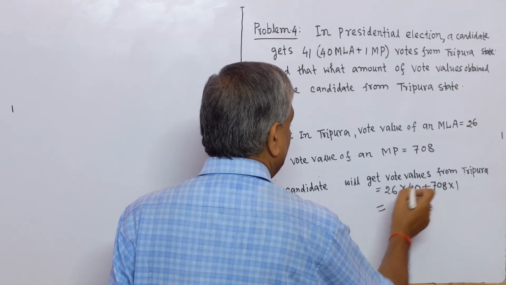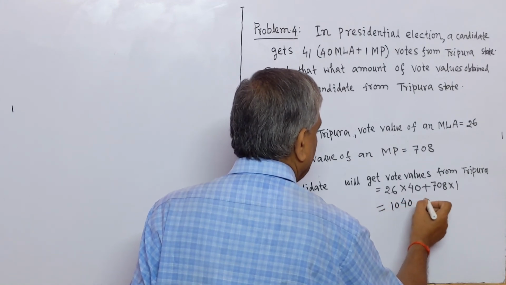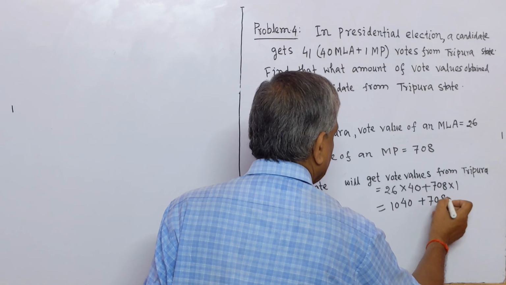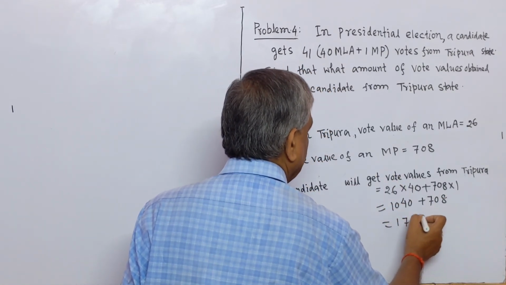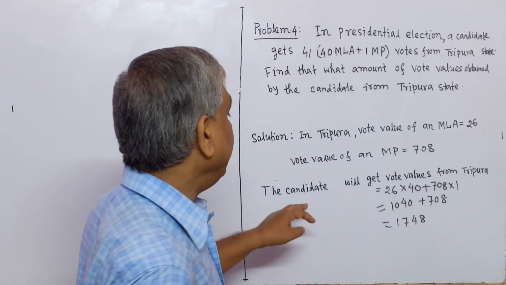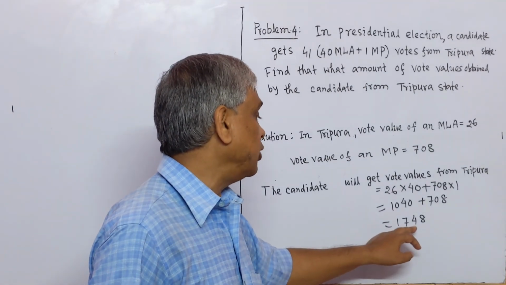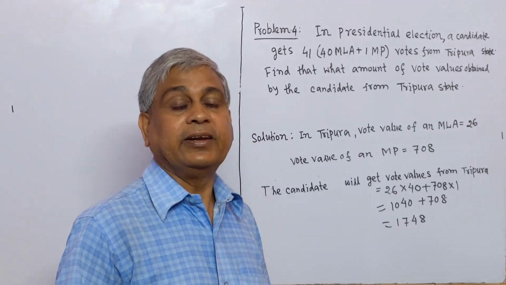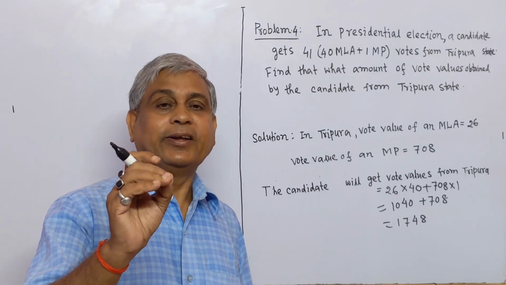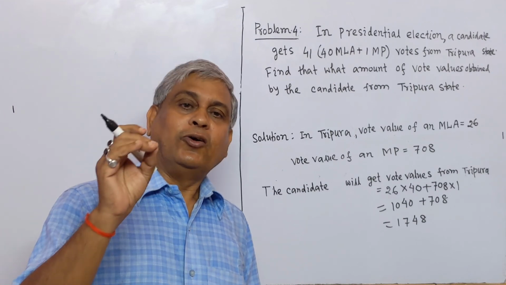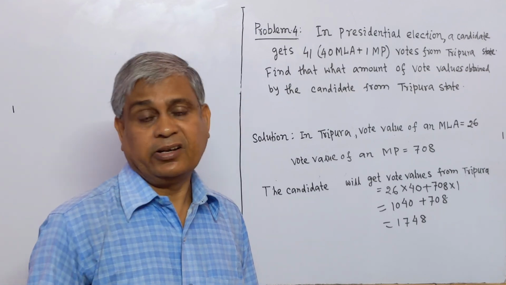Now 26 multiplied by 40 equal to 1040 plus 708. This is equal to 1748. Therefore, the candidate will get vote values from Tripura state equal to 1748. In this way, we are able to find the vote values obtained by any candidate from any state.